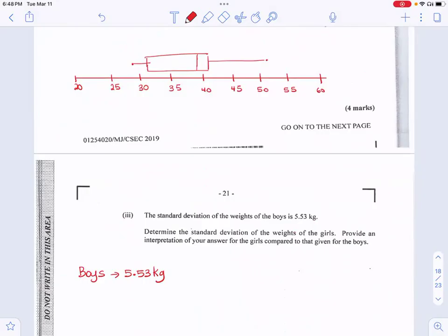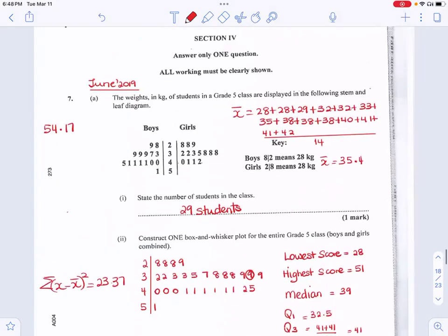The boys is 5.53 and the girls, well, they have that answer. Shazad, let us know when you're ready.